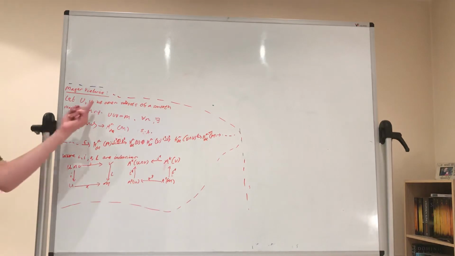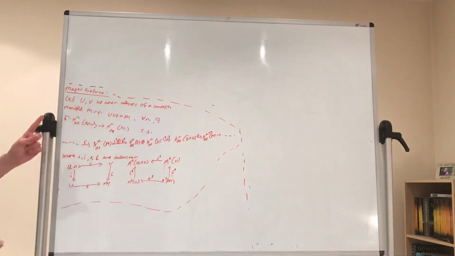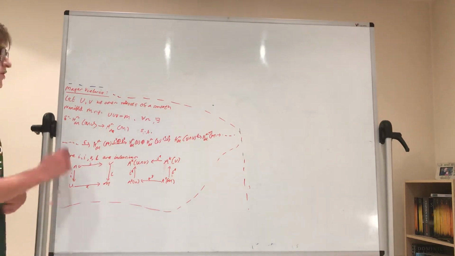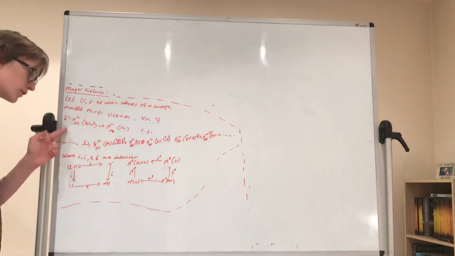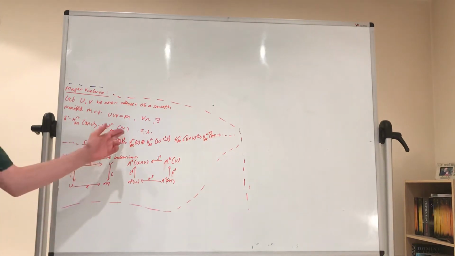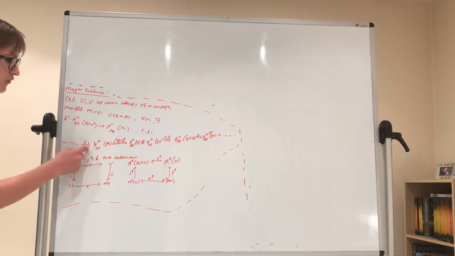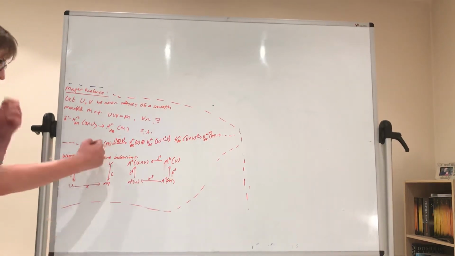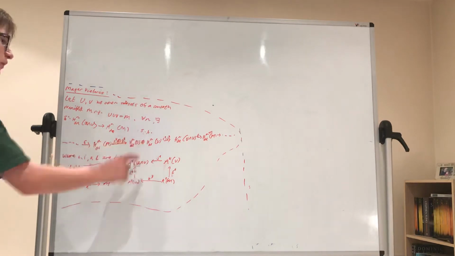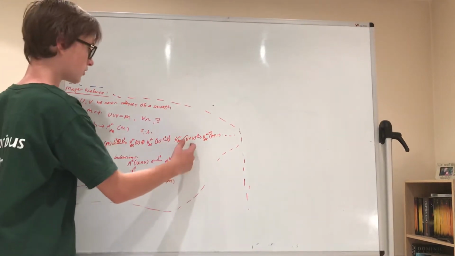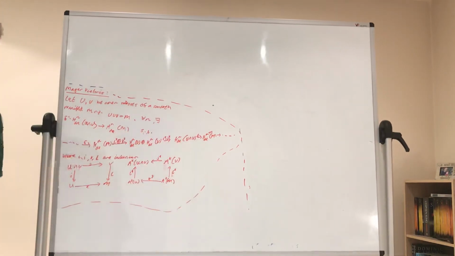If we have U and V open subsets of a smooth manifold M, such that their union U union V is M, then for all n, there is a connecting homomorphism, delta, which takes you from the nth de Rham cohomology group of U intersect V to the nth de Rham cohomology group of M. Then this goes via the inclusions below, direct sum, to the nth de Rham cohomology group of U direct sum the nth de Rham cohomology group of V, and then via the inclusions below to the nth de Rham cohomology group of U intersect V, and then via the connecting homomorphism again to the n plus 1, and so on and so on.